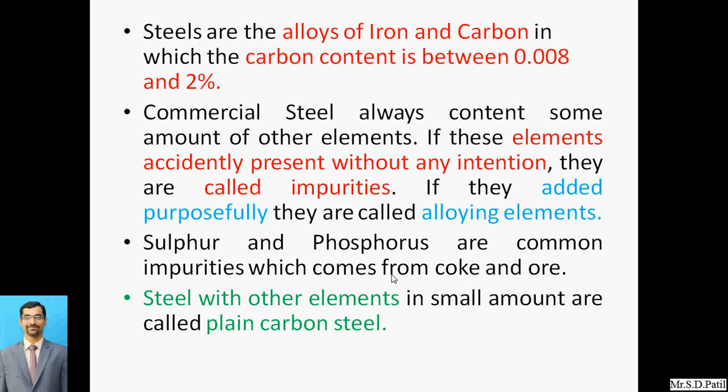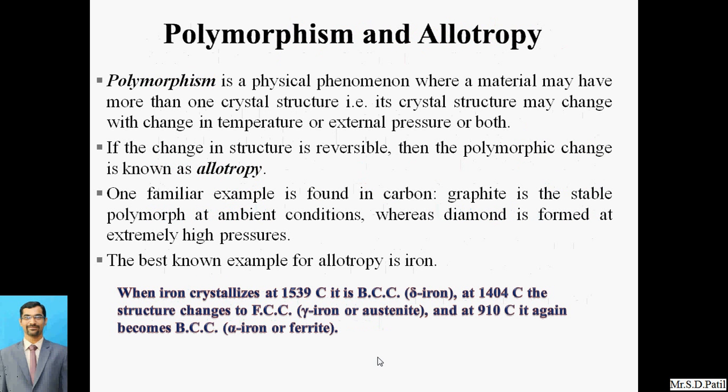Steel with other elements in small amounts is called plain carbon steel. Now these are the two phenomena, polymorphism and allotropy.